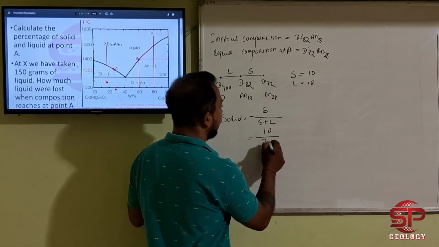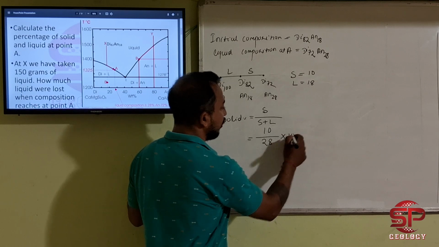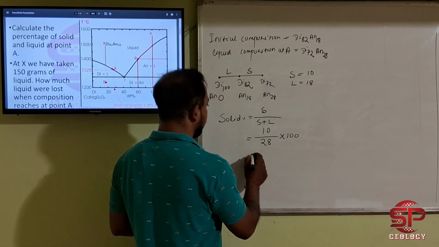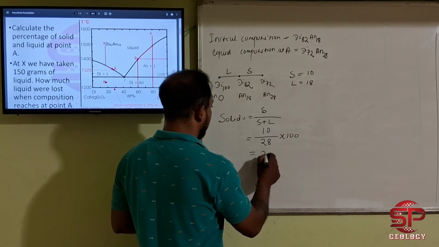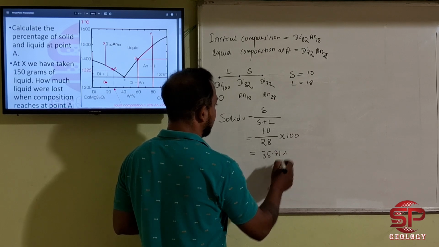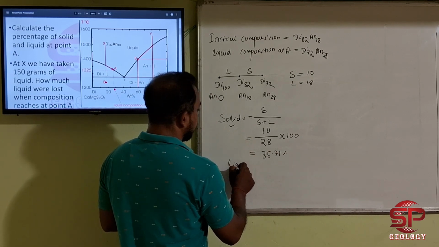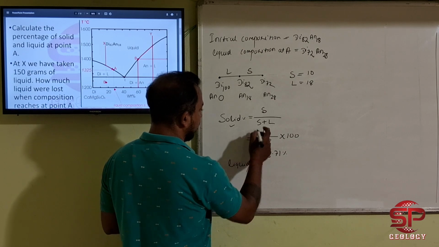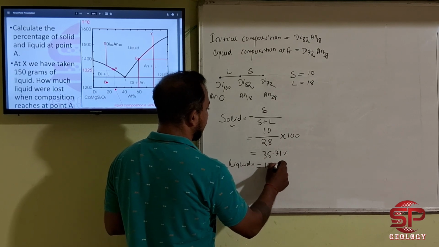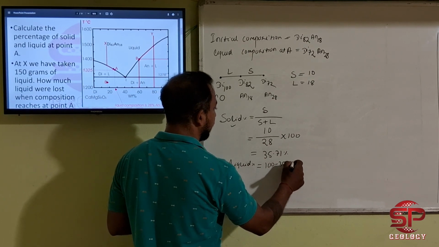So 10 by 28 into 100, it will be 35.71%. This is your solid percentage. For the liquid percentage, you don't have to calculate like this, you can just subtract it from 100%.